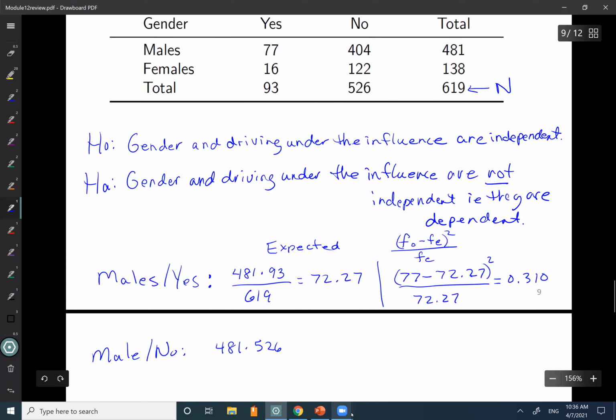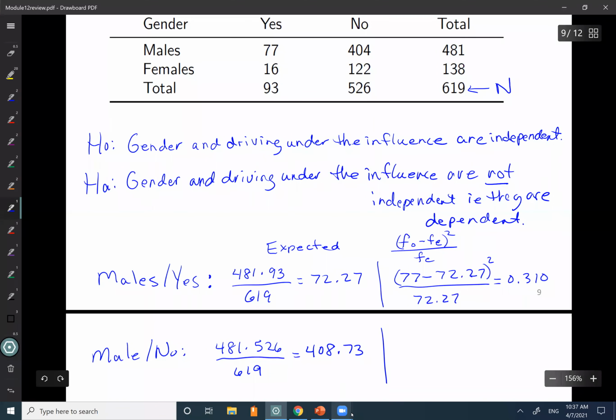I can shrink that down if you want. So no was 526, that's the column. Always divide by the total number of participants in the study, 619. And that comes to 408.73.